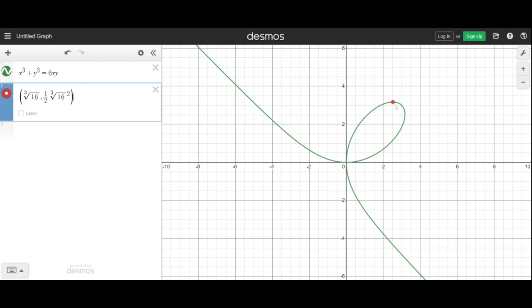There's our point. You can see those are the decimal approximations of those values. At that point, if you were to put a tangent line on it, it would indeed be horizontal.